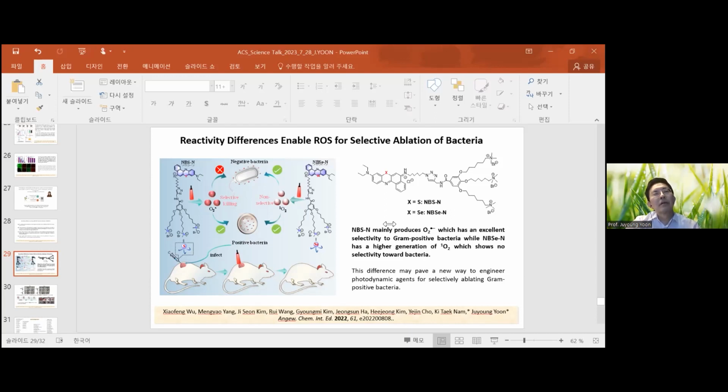Hopefully some of the approaches we published can be helpful for your research, and hopefully you can design and make really useful and very interesting photosensitizers with fluorescence probes in the future. And I hope for big success in your future careers.